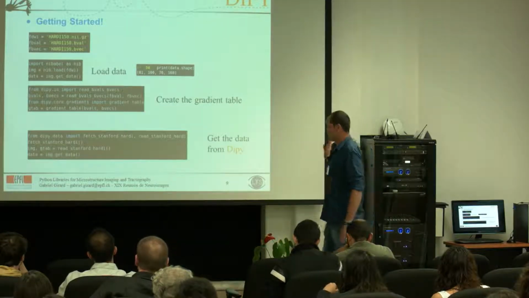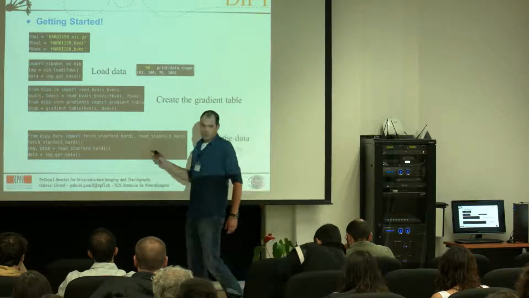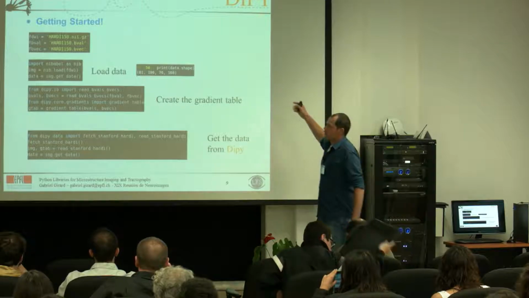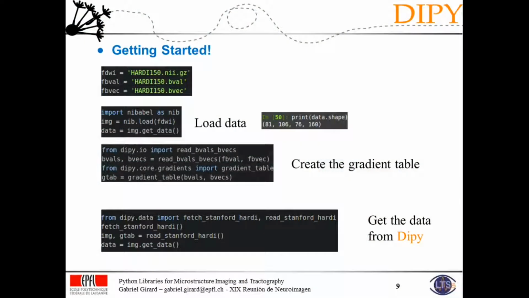But if you don't have the data, this is the line you can use to get the data from DIPy. You don't need to remember any of that, as this is the first part of any tutorial in DIPy. So you get the data, it can be yours, or it can be data from the example. But at this point, you have an object that describes the data, and you have an array that contains essentially the data.